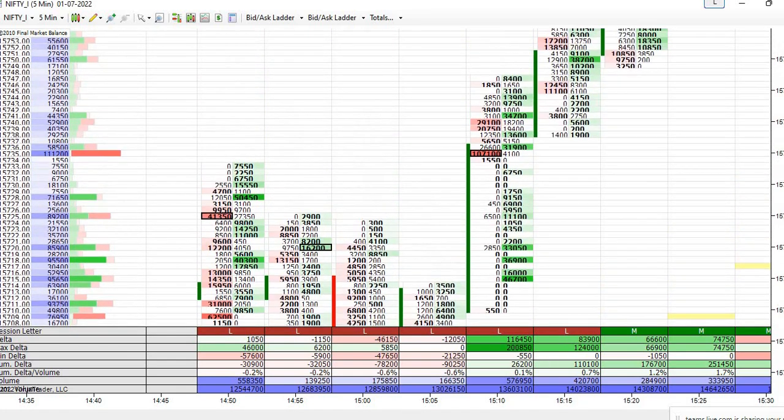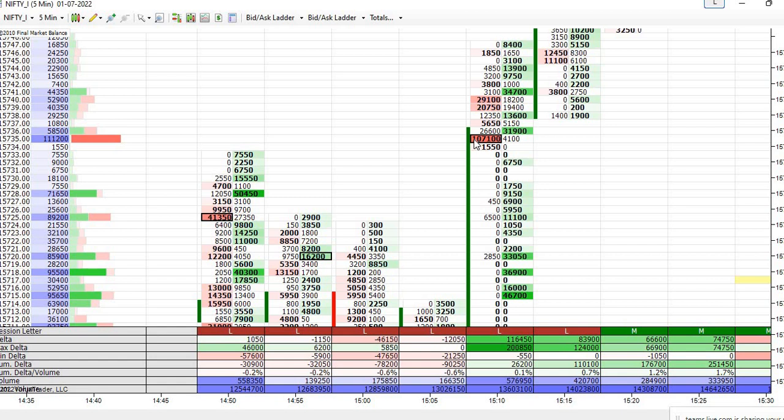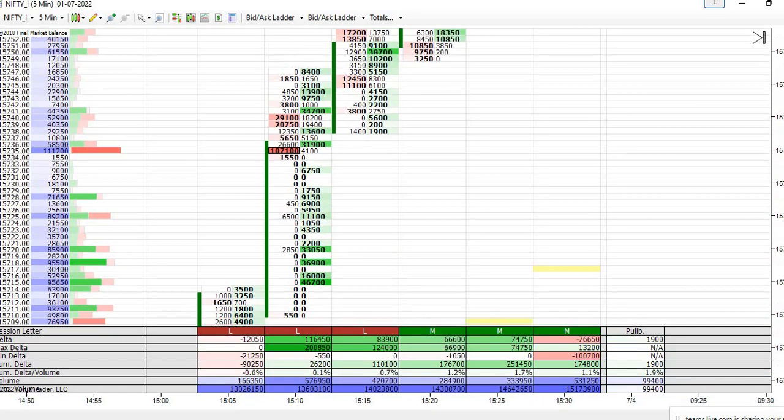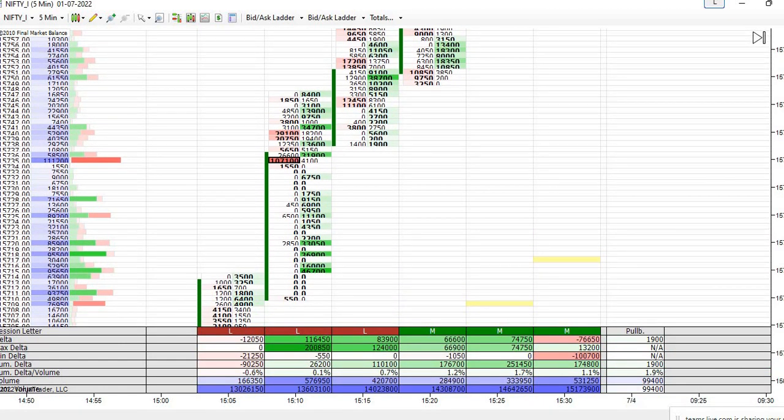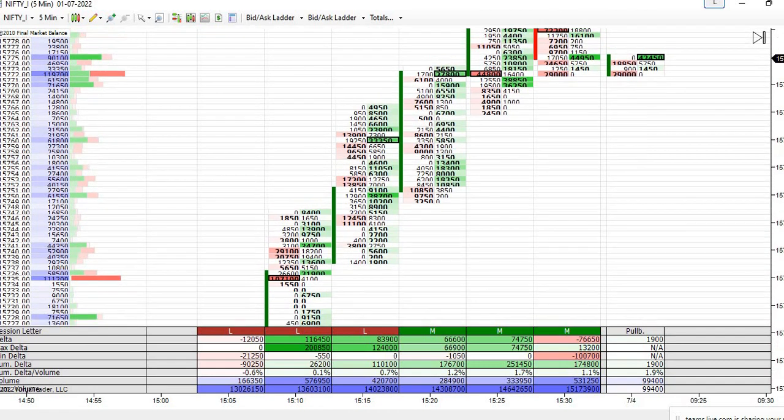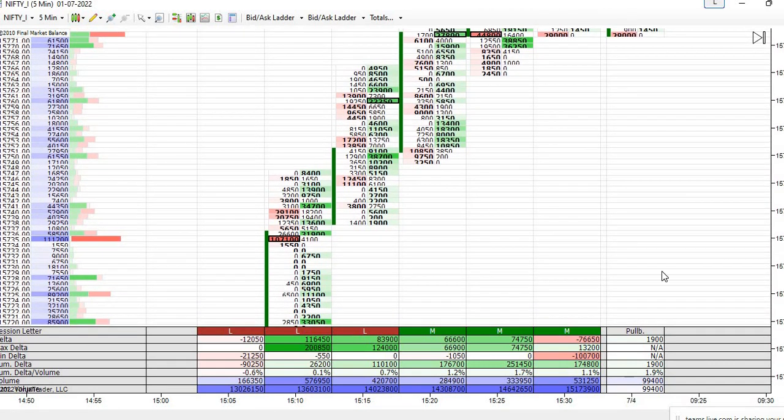Look at this, 1 lakh selling took place right here, even though the candle was green, right? Because that was an exit by a big player who was in the position for a long time, and then he exited his position right here. There was no conviction at this point, although the market went up by around 50 points from there, but we don't take those things into consideration, right?